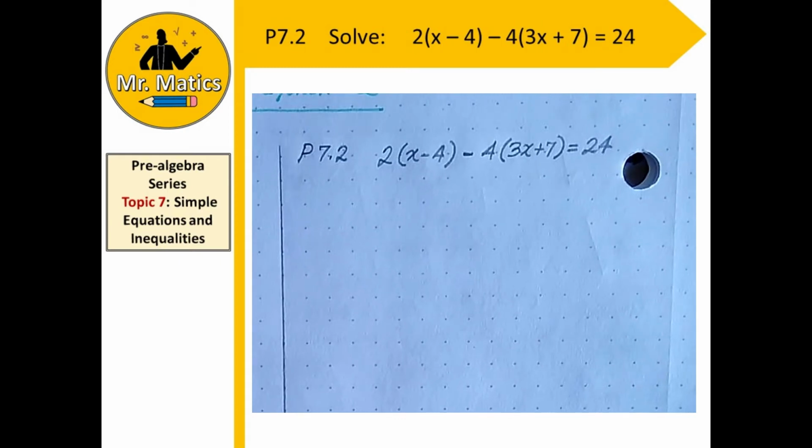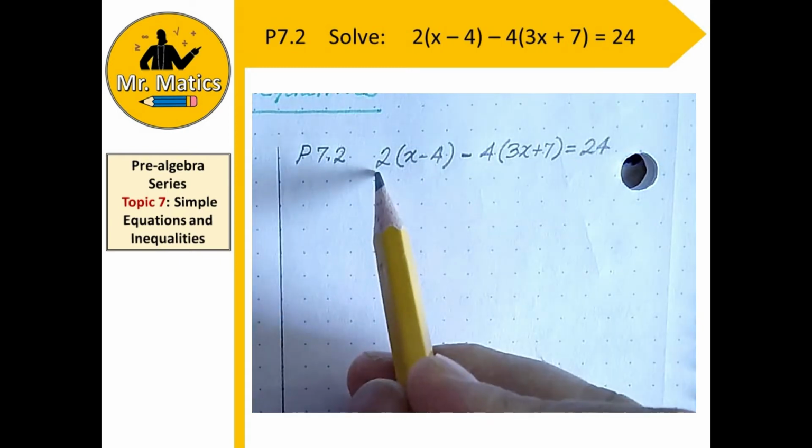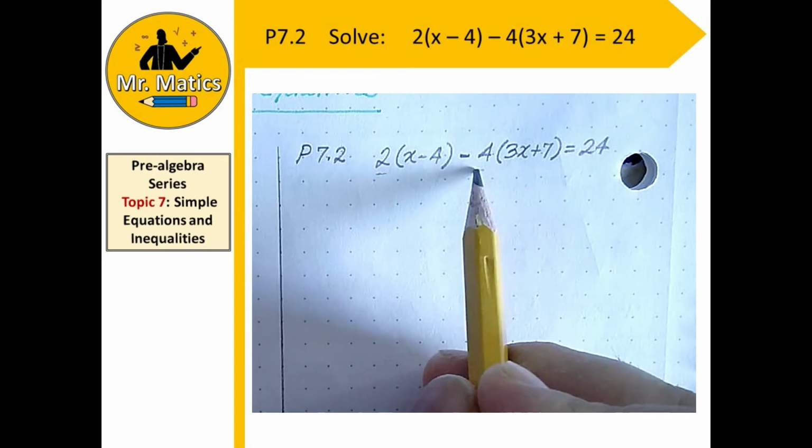So we have bracketed terms with factors in front of brackets. So we'll remove the bracket.